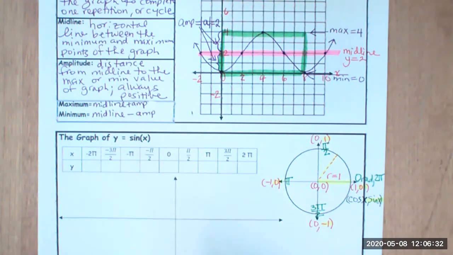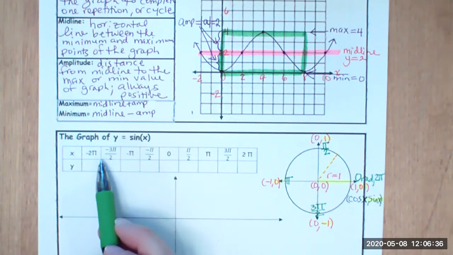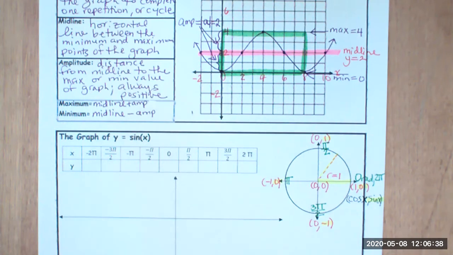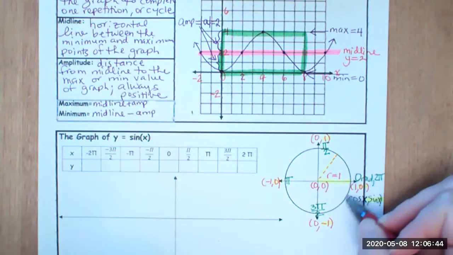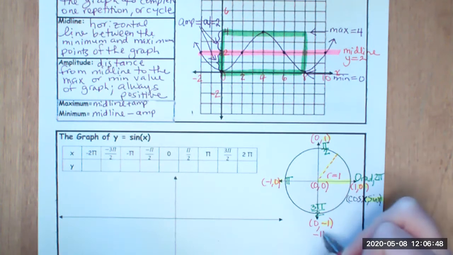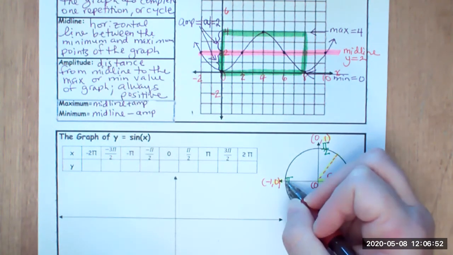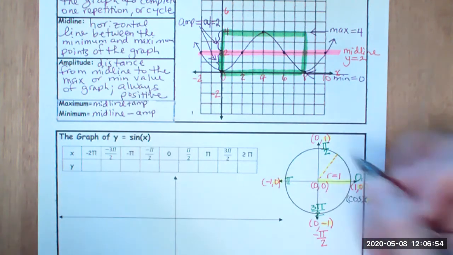Now, as you'll notice, we have some negative radian measures as well. And so we'll also want to label the negative radian values. So rotating clockwise here, we'll be at negative pi over 2. Another quarter of the circle will be at negative pi.